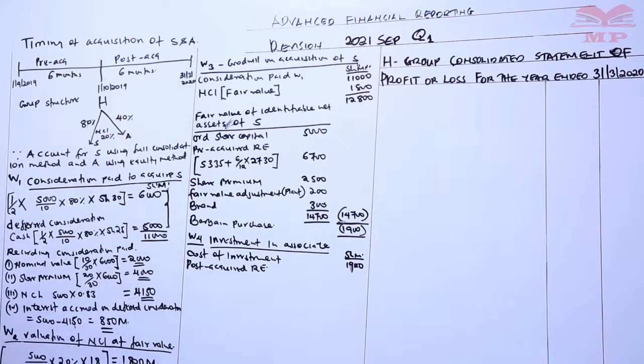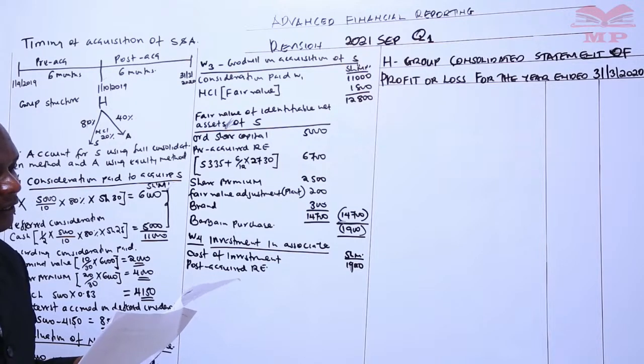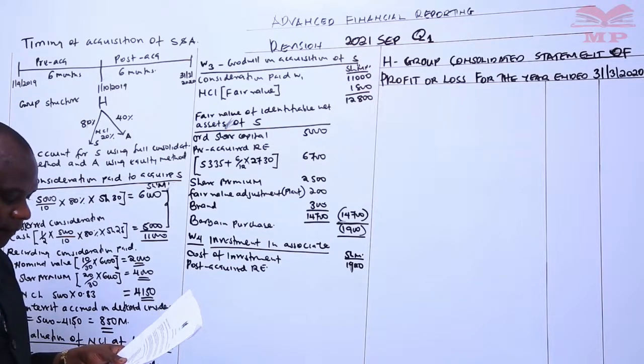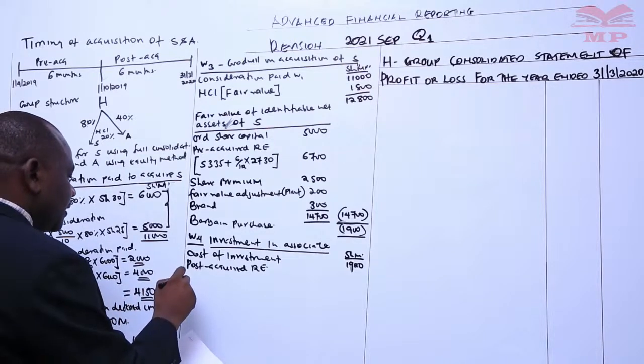If you look at the balance sheet, the total profits disclosed under retained earnings is 3.6 billion. So if we compare what we have in the balance sheet with the loss made for the year, this is what we're going to have as post-acquired.